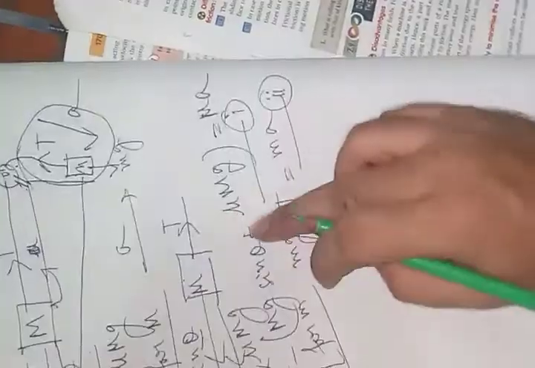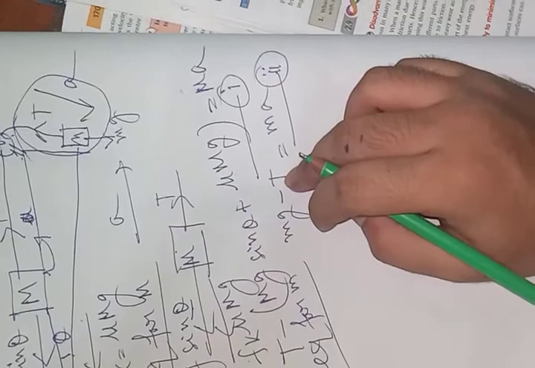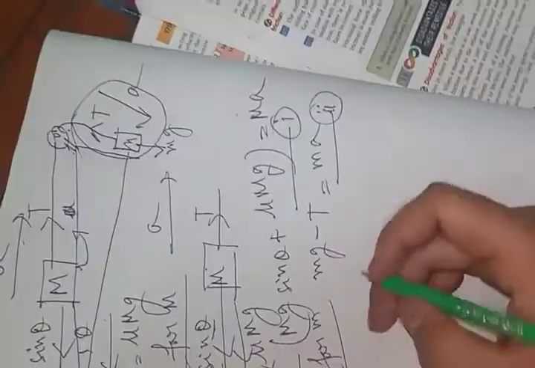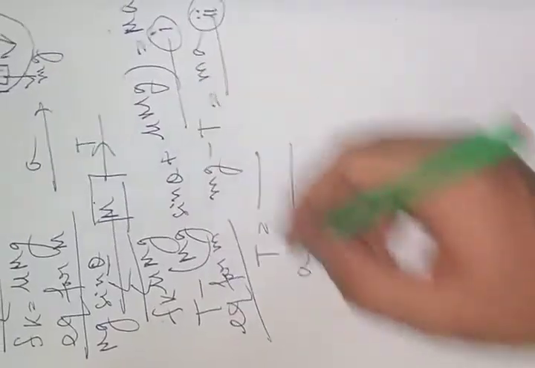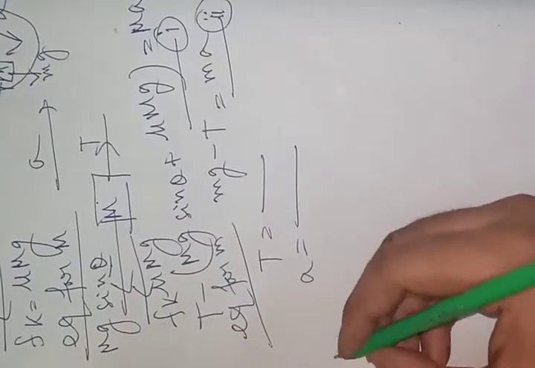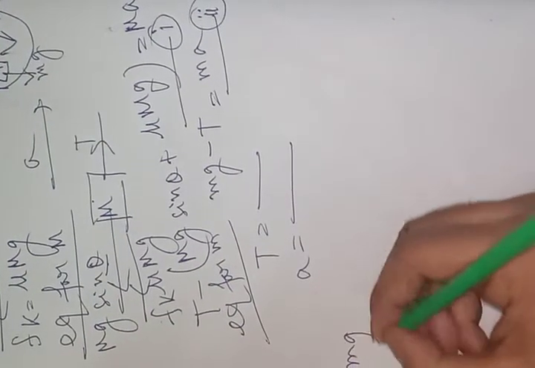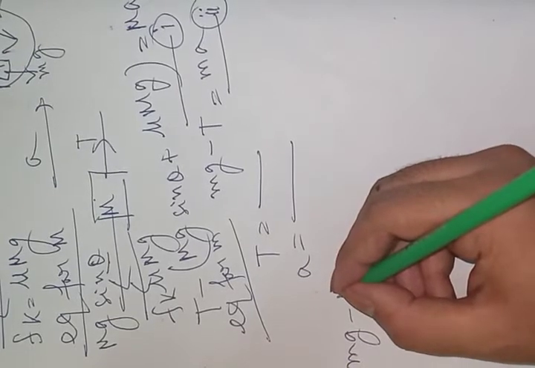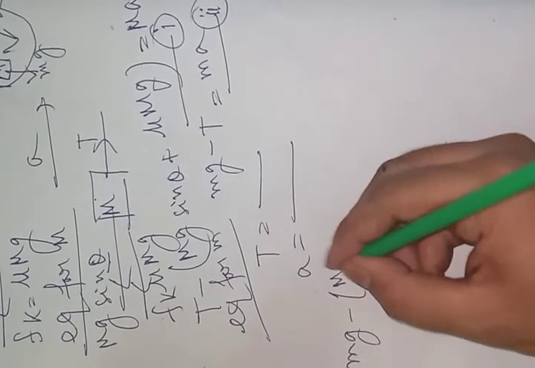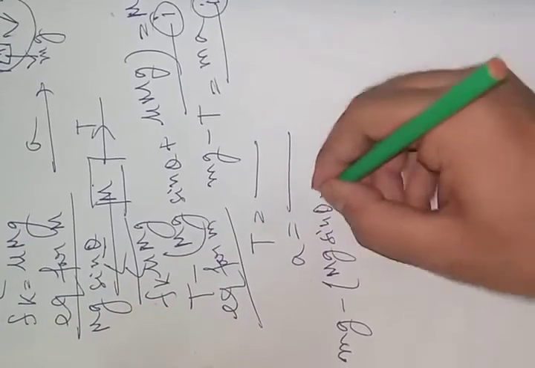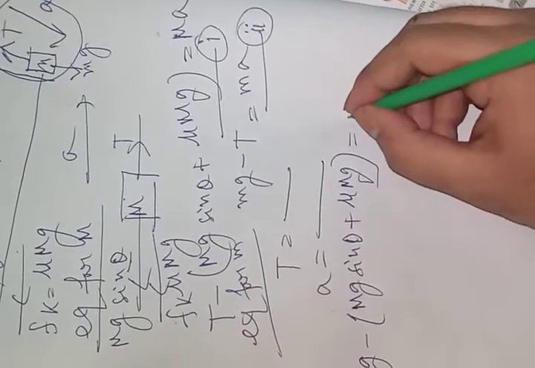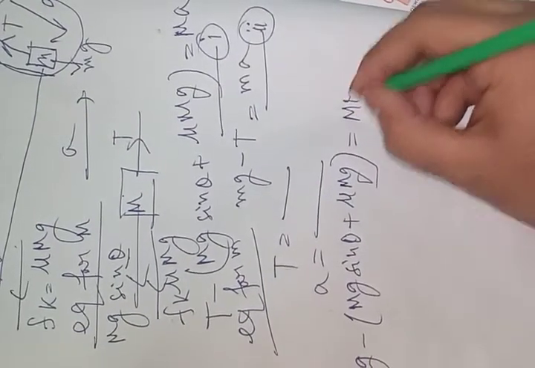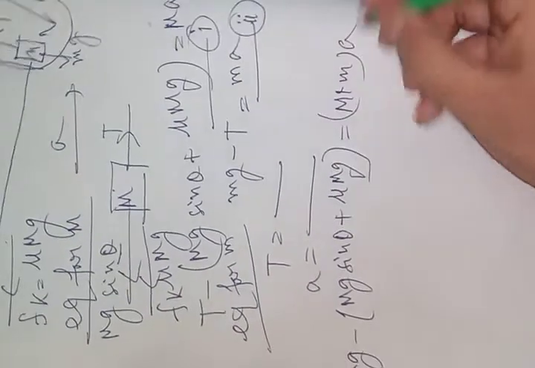Again guys, just simply add these equations and find what is the tension and what is the acceleration. Let me solve it for you. First add these, so the T will cancel, and we will get mg minus Mg sine theta plus mu Mg equals M plus m into a.